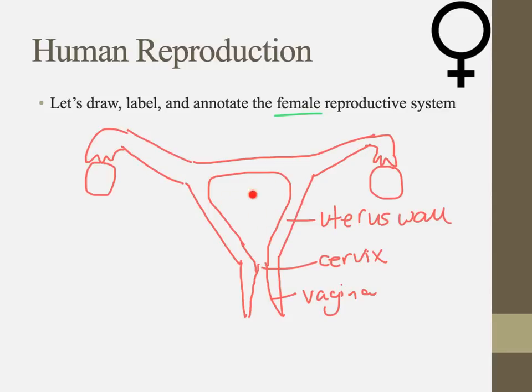If you know that this is the uterus and this is the uterine wall, okay, that's really great. Now, the inside of the uterine wall is lined with a vascular bloody tissue, okay. It can be thicker at some points of the month than others, and it's shed once a month during menstruation. And this is called the endometrium.